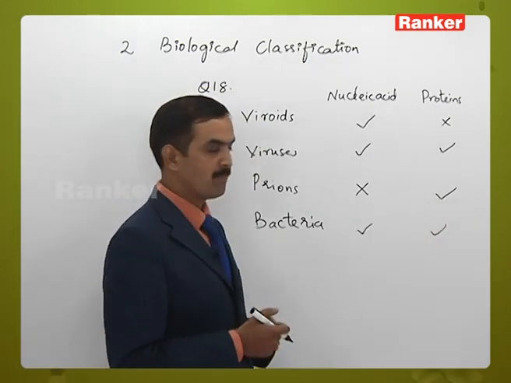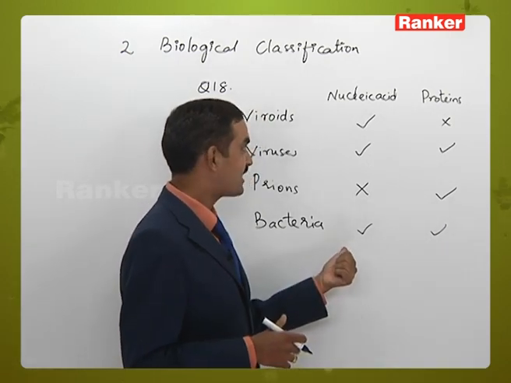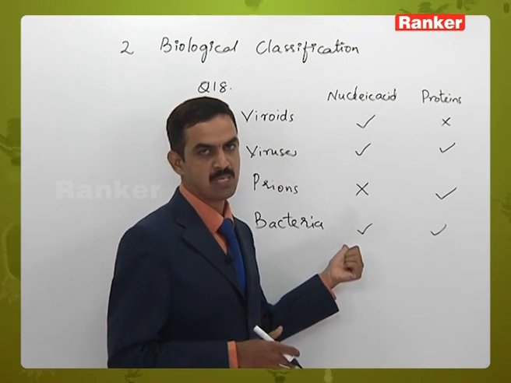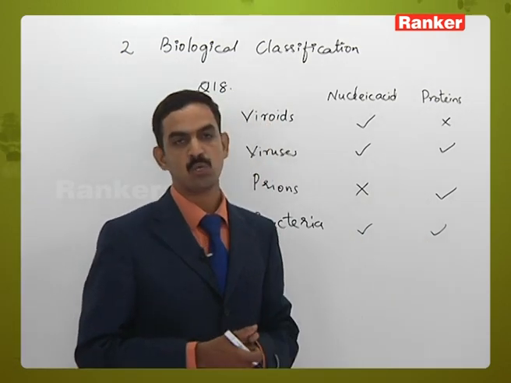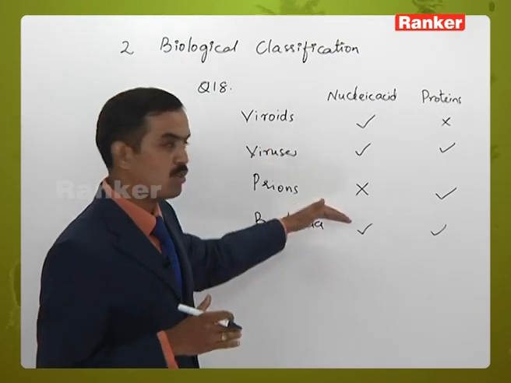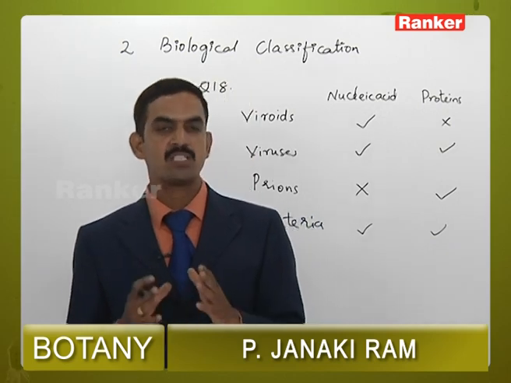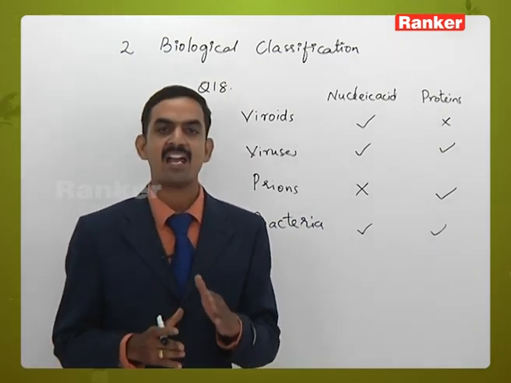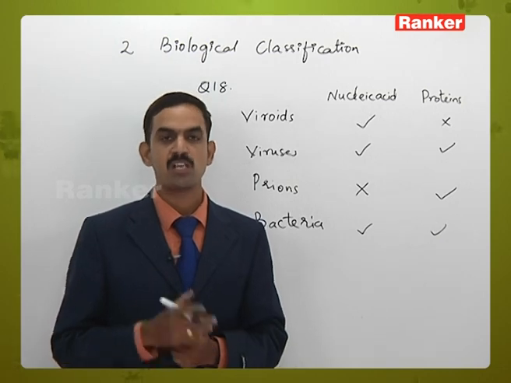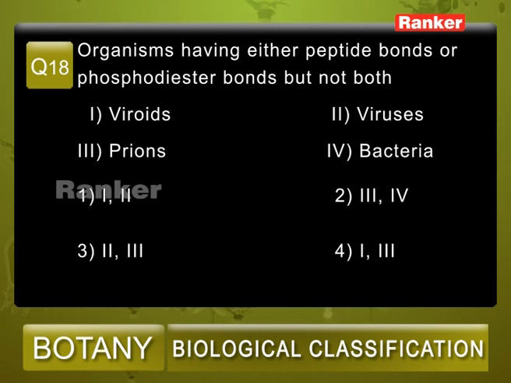Whereas in bacteria, both nucleic acids and proteins are present, so they contain phosphodiester bonds and peptide bonds also. So, based on these conclusions, we can say that viroids and prions are the organisms which contain either phosphodiester bonds or peptide bonds. So, for question number 18, the correct answer is 4.